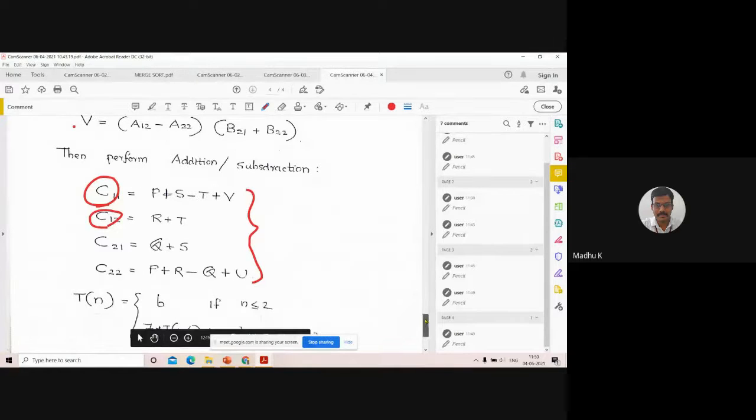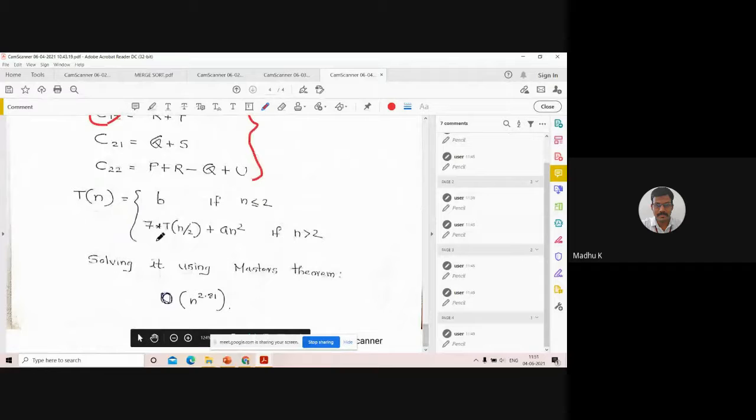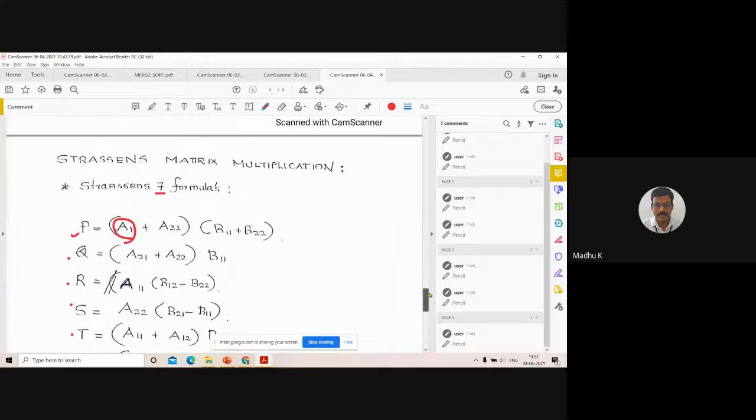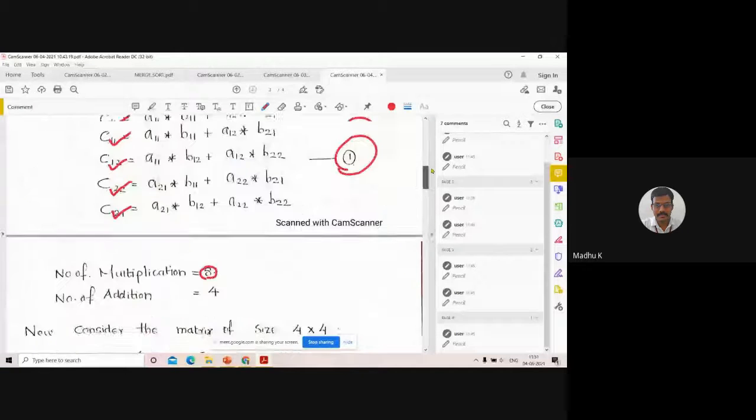So the complexity of this algorithm will be 7 into T of n by 2 plus n square. By solving it using Master's theorem, you will get big O of n raised to 2.81. Somewhat its complexity is reduced. So this is the Strassen's matrix multiplication concept. We can discuss that in the next class.